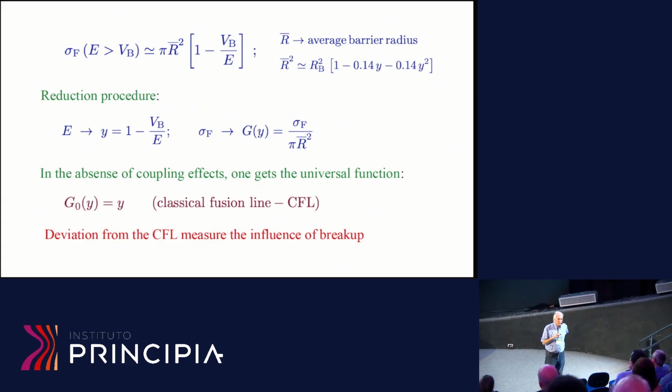But this approximation can be very much improved if one replaces the radius of the S-wave barrier by some effective barrier radius, which is some sort of weighted average of the barriers. We did that, we showed that it works fine previously.